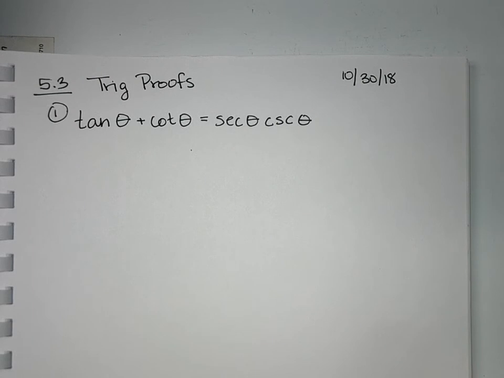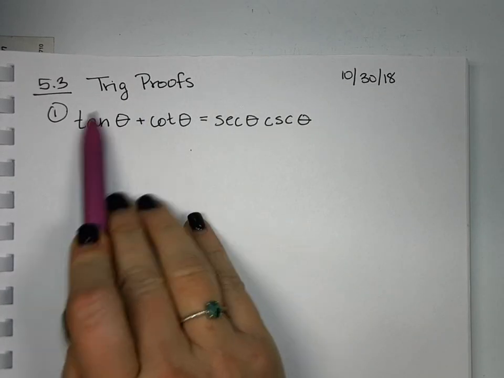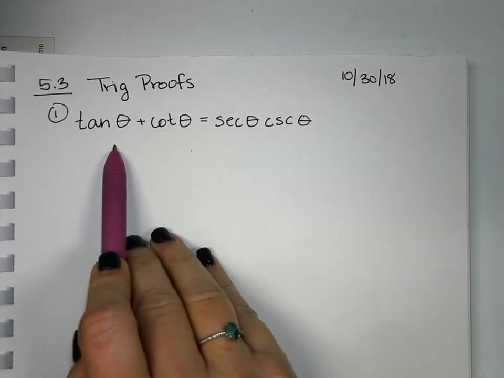And usually the side I pick to work with is not going to be the side that I box. So what I mean by that is I'm going to look at this and go, which one do I see right away somehow can be rewritten? So can I rewrite this side pretty easily using our identities?